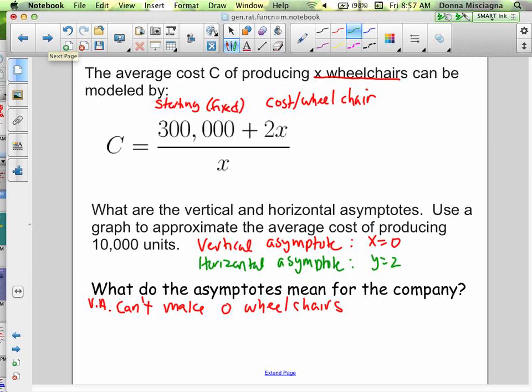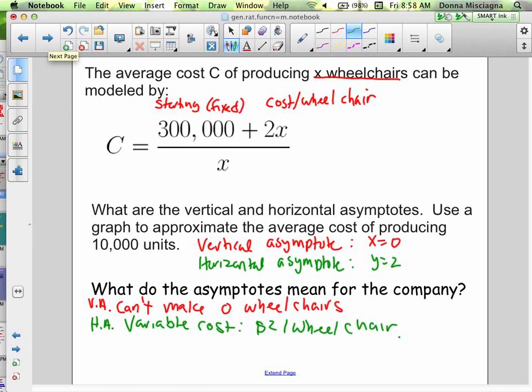It's a hint on the board. What's the 2 mean? Cost per wheelchair, right? So horizontal asymptote, all right, so our variable cost is $2 per wheelchair. All right, so we'll graph that on the next page.